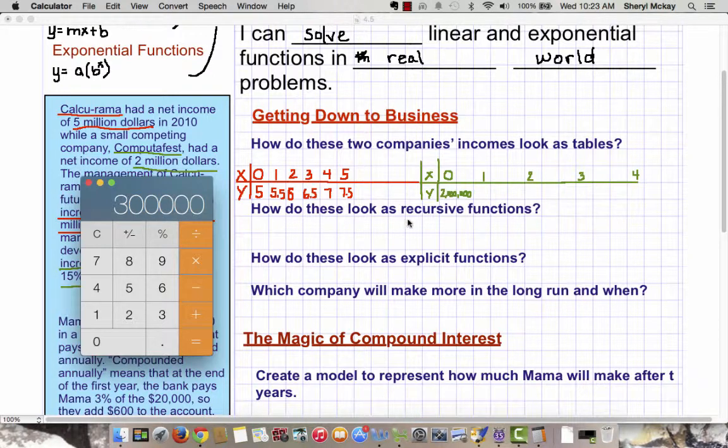So you can add that to the 2 million and you'll come up with 2,300,000. See if you can figure out what year 2 would be, what year 3 would be, and what year 4 would be by multiplying the previous term by 15% and adding it to the next term. See if you can figure that out.